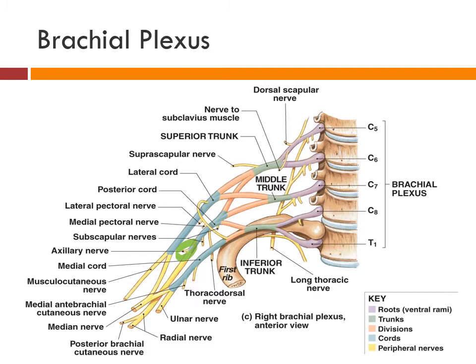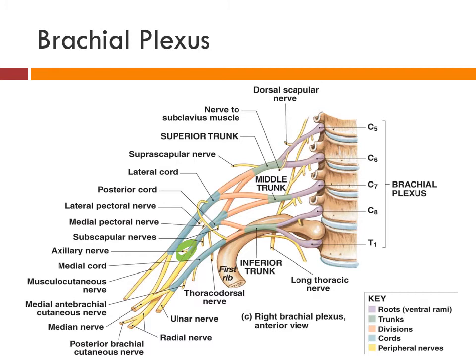So I don't expect you to know which levels of the vertebrae are sending information to which nerve, but just know that there are 3 trunks, there are 3 cords, that the plexus is interwoven fibers from C5 to T1, and then know the names of the main nerves coming off of each plexus.